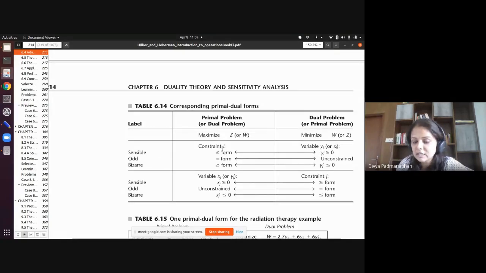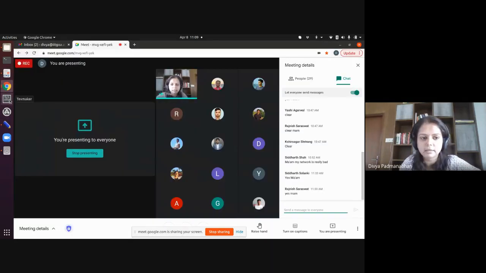So if the constraint is of less than or equal to form, then the variable on the dual side is greater than or equal to 0, and so on. These are a set of rules. You can derive all of this using the technique we did in class. So you should go back and ensure that you're able to verify that what you get is exactly in accordance with this table. You can use this as a reference for writing the dual and checking things out.